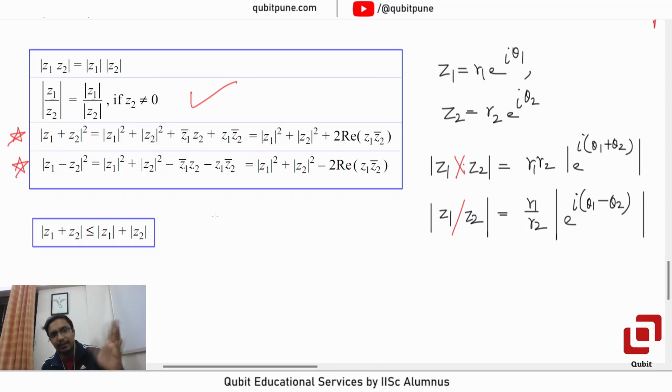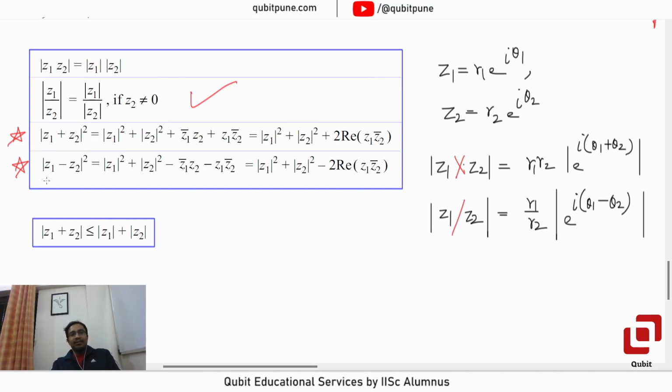Okay, first two are trivial, you can remember them. But for the third one and the fourth one, you just take a look at them and see how they have been derived. Okay, everything else will basically come to you pretty easy. I'm not saying you memorize them. If you like to memorize them, you can, but that's not a mandatory requirement, at least for this exam.